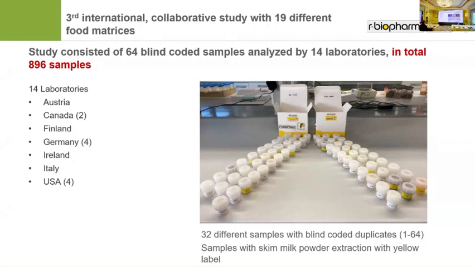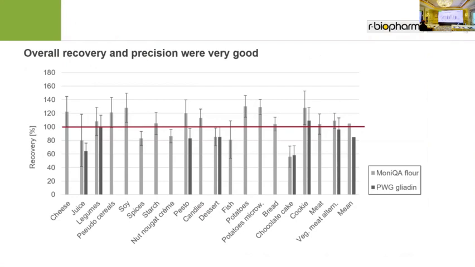So in total we sent out 900 samples to these labs, which were then analyzed with a RIDASCREEN Gliadin assay in combination with the cocktail from Mendez. Results were very good.